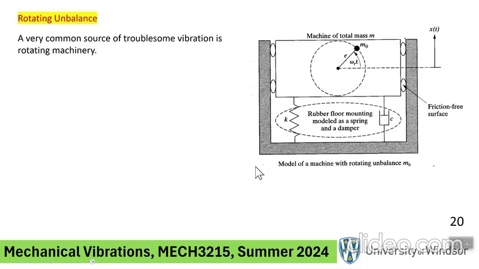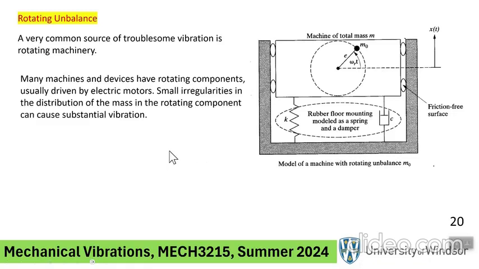It can be very detrimental to the health of the unit, and it's mainly coming from rotating machines, for example electric motors, or rotating components of an internal combustion engine, etc. Now, a small irregularity in the geometry or the mass distribution of these rotating pieces can cause severe vibrations.